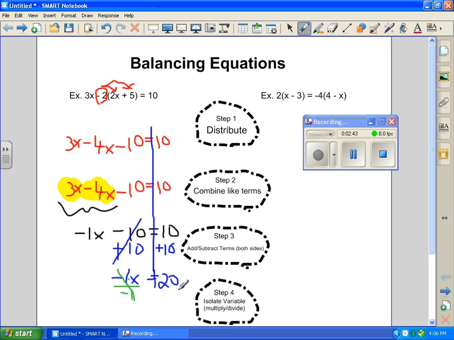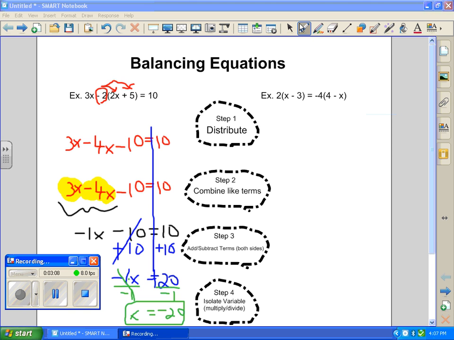We have to do it to both sides. So a positive divided by a negative is a negative. So x equals a negative 20. And that is how you balance equations. First you distribute, then you combine like terms, then you add or subtract, so we do the opposite of minus with addition, and then you multiply or divide.